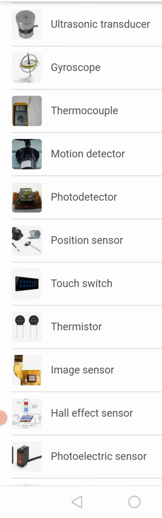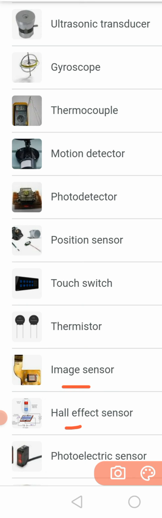Next one is your Hall effect sensor. That's a kind of sensor that uses the electromagnetic field principle; you can explore it yourself. The photoelectric sensor is one such sensor, which is used to convert light into a proportionate electric signal.